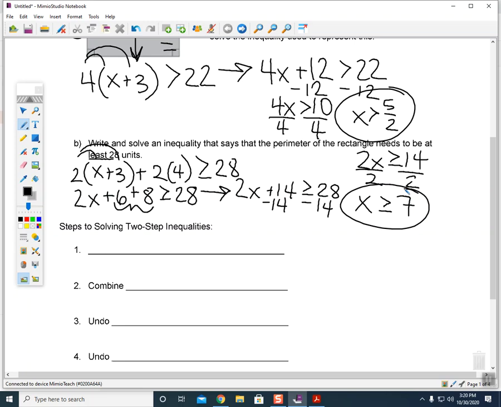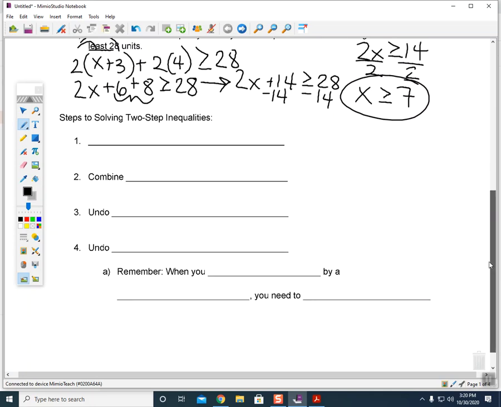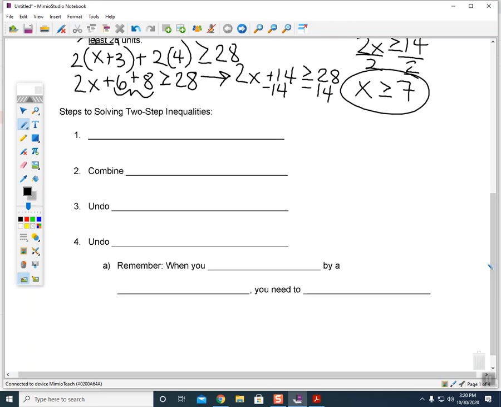Okay, so we have some steps. And these are steps that we are used to seeing. These are very similar to what we were talking about when we were talking about equations. So my first step is to distribute if I can. Distribute if needed. After I've distributed, then I can combine my like terms.